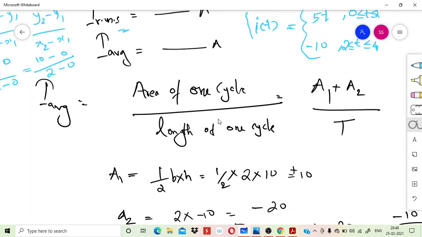Yes, I of t equals 5t, and minus 10. Now I have to find out the RMS value.